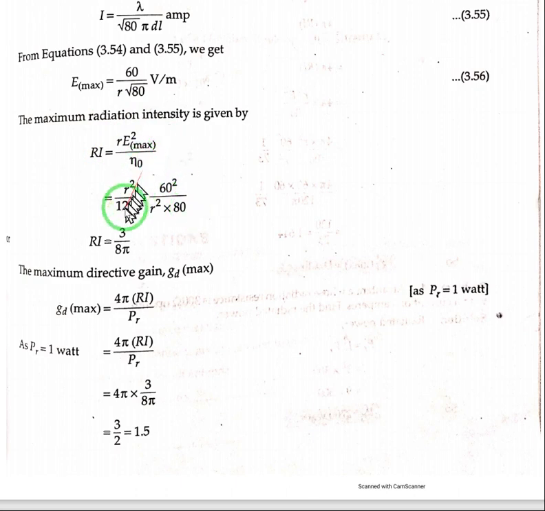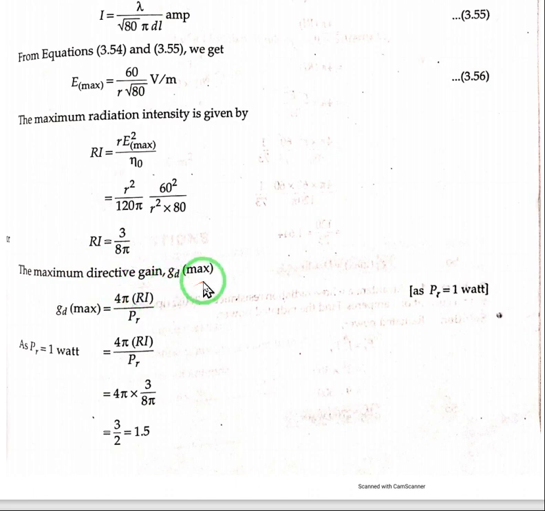If you put the eta naught value, that is 120 pi, and simplify, Ri becomes 3 over 8 pi. The value of Ri, or radiation intensity, becomes 3 over 8 pi for a Hertzian dipole or alternating current element.